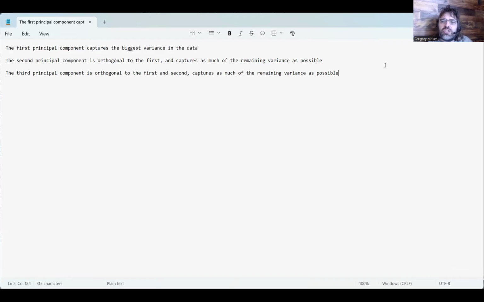So the way these principal components are defined, each of them is less helpful than the one before it. The first component gives you the most information. The second component gives you the second most information. The third component gives you the third most information, and so on.